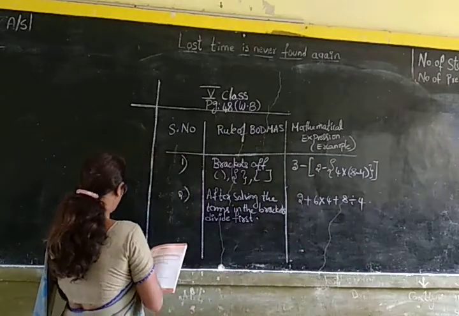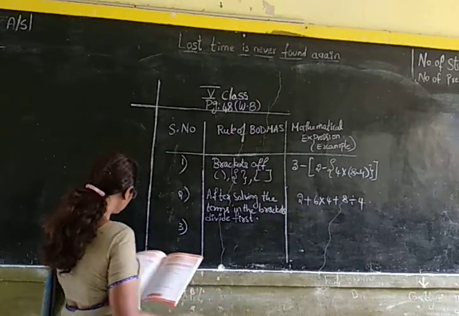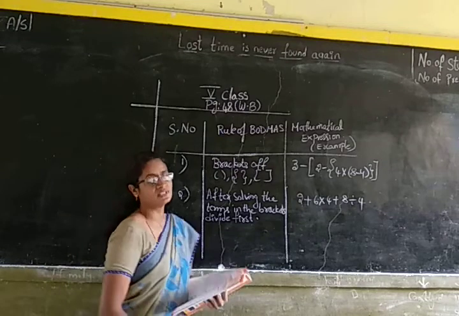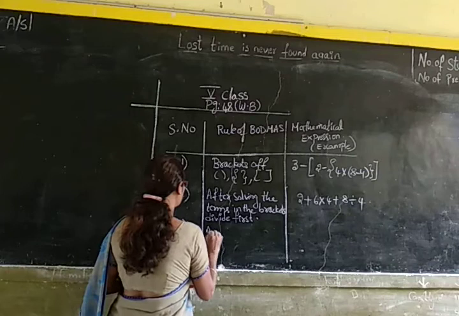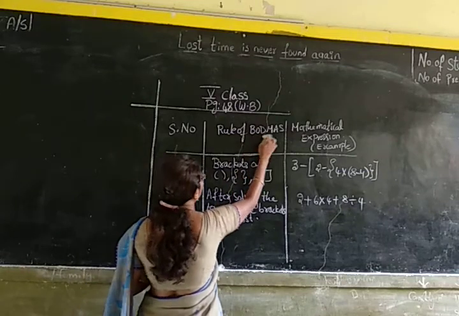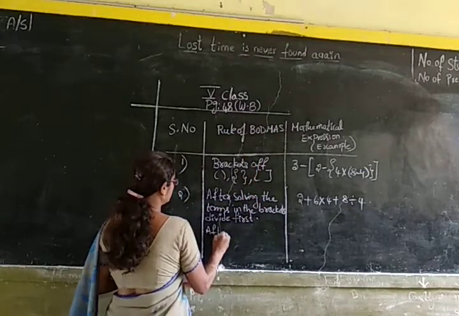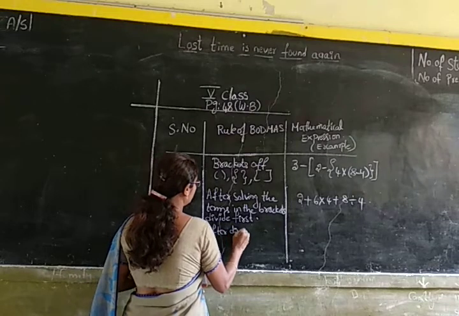Okay. The third rule is, after division, multiplication should be done. So after division, what should you do? After division, you should do multiplication.